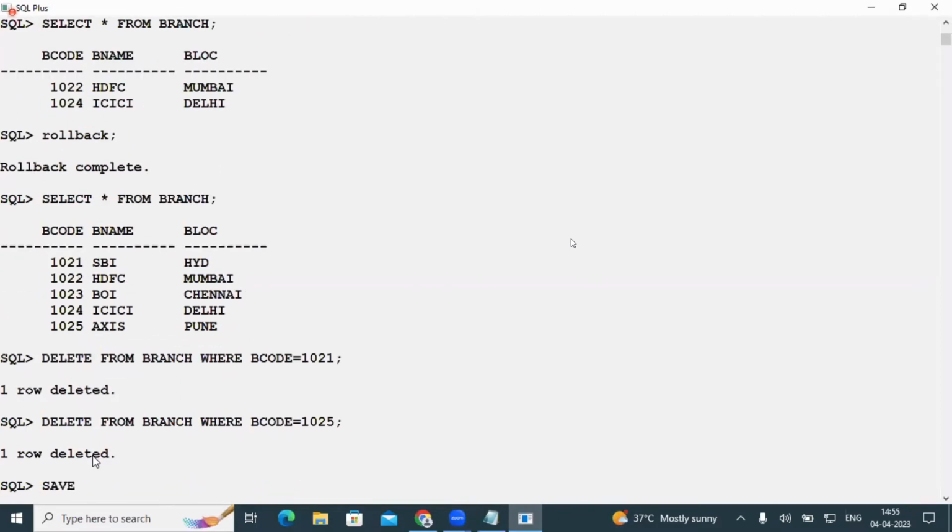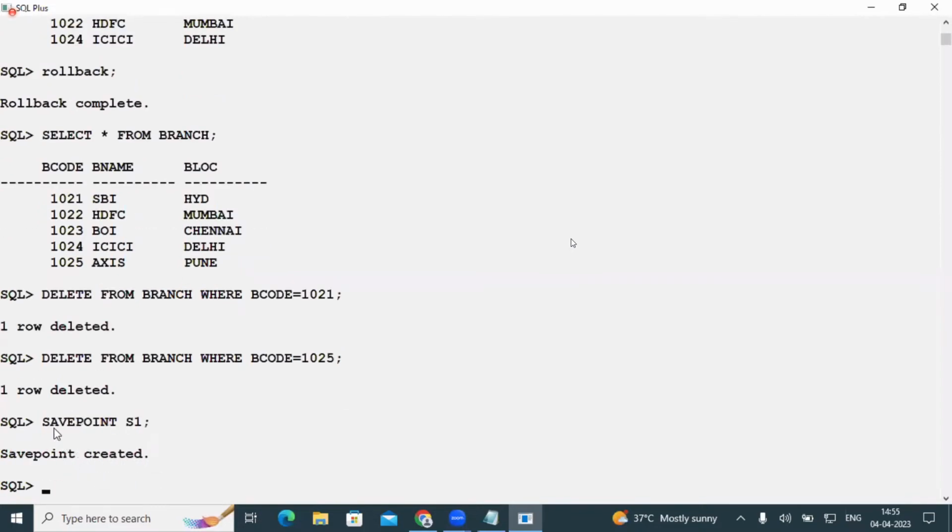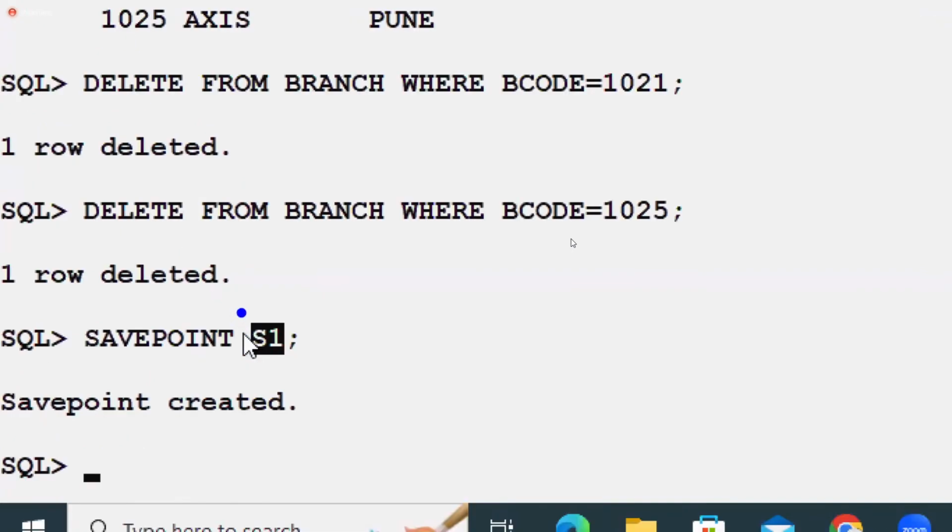Now what I want to do, I'm creating here save point S1. Whenever you create a save point, the pointer name is S1. Then for this pointer S1, your system allocates some memory. And this memory is allocated from which location? From RAM only, not from the database, because is a pointer a temporary memory or permanent memory?